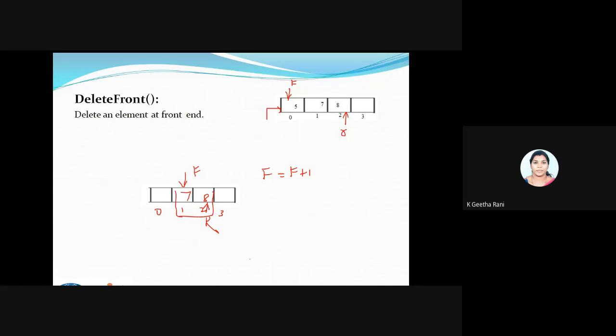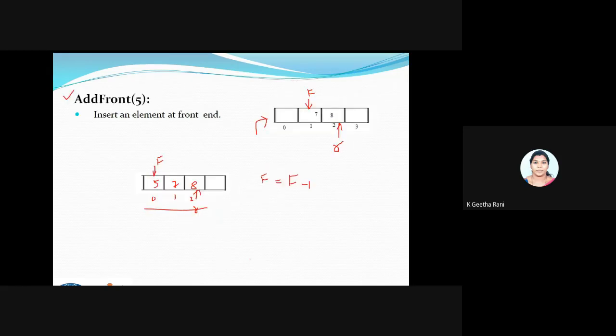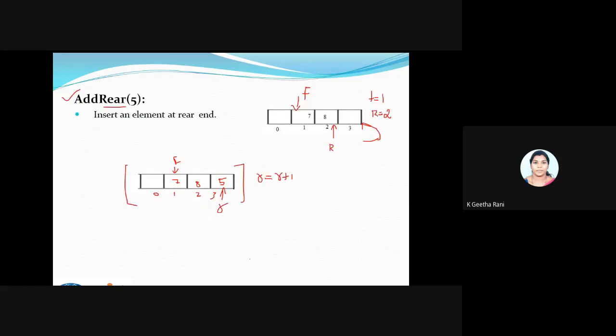Fine. So these are the four operations we'll be performing under our dequeue. Now we will see the small coding part of it. We know how to add and delete. I'll make a quick recap. For adding at the rear end, I'll be doing the operation r = r + 1, just moving the rear pointer.